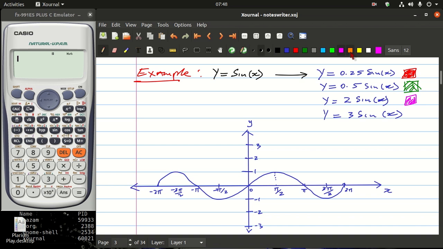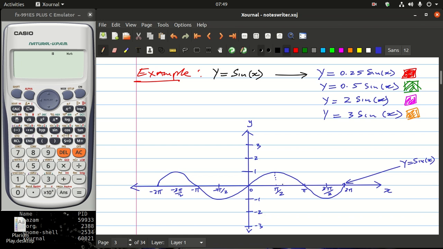And then the last one, I'm going to use an orange so that we can differentiate. So let's begin with this below here. This one is y is equal to sine of x. Okay, let me make it very far so that it does not mess up what we are doing here. This one is y is equal to sine of x.